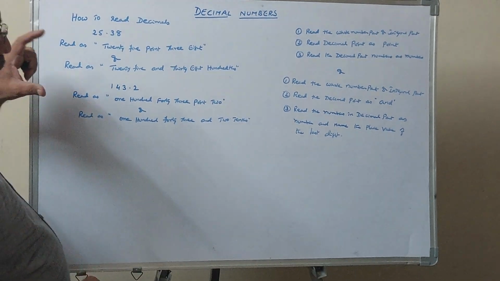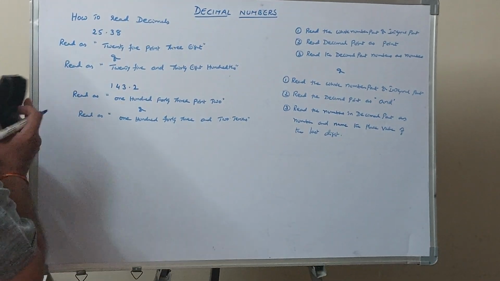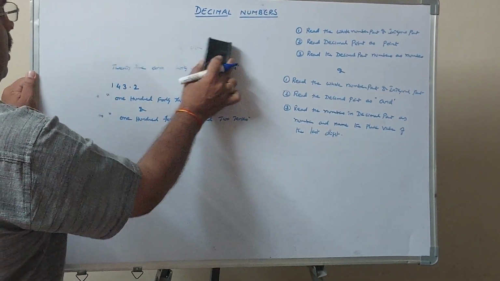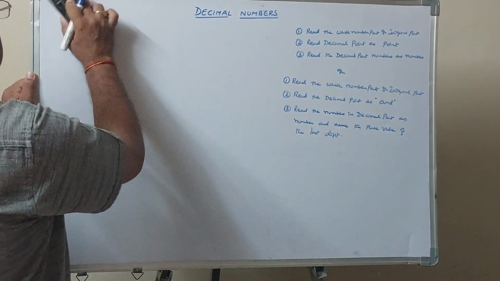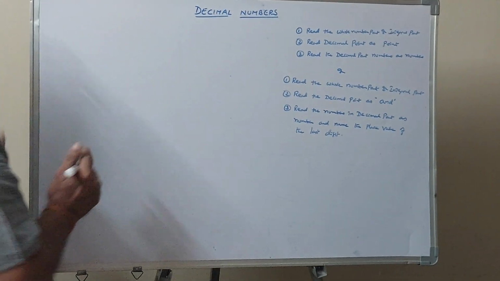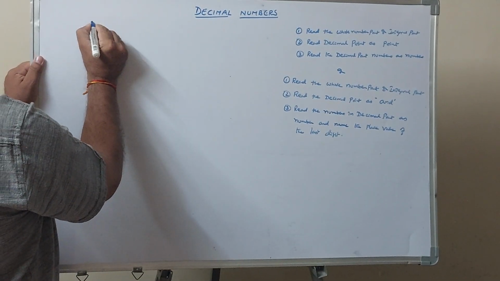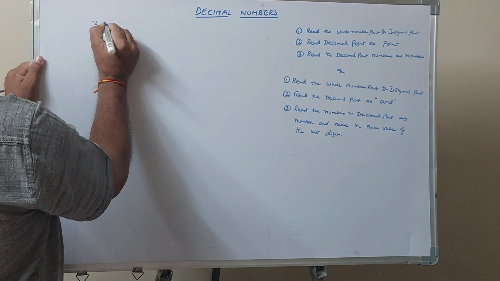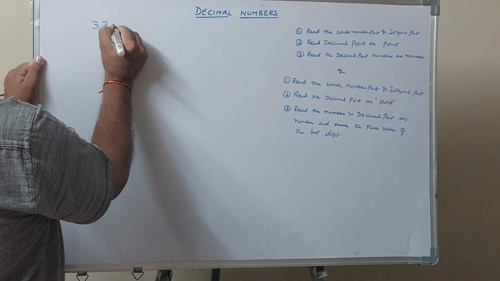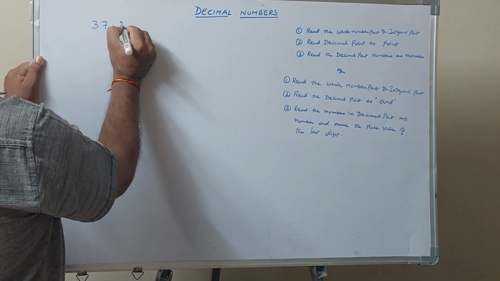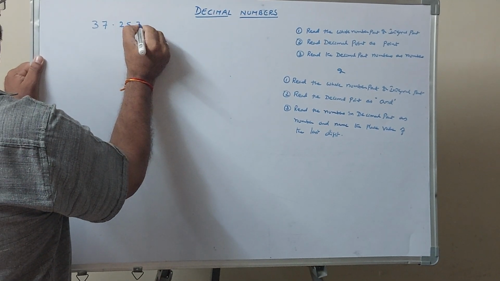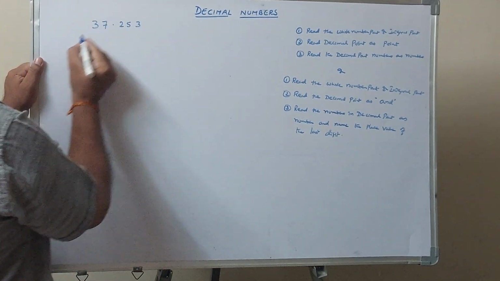One more example I will show you. Pause the video, note down. One more example for reading the decimals: 37.253. How to read?